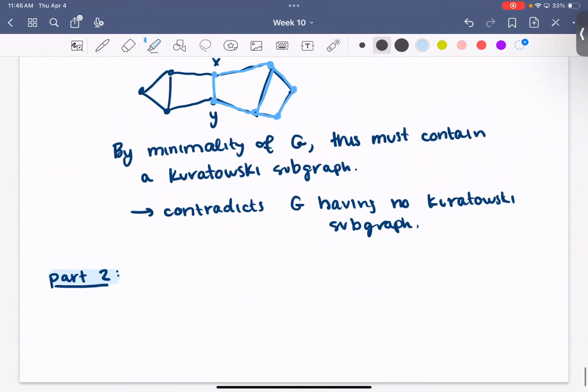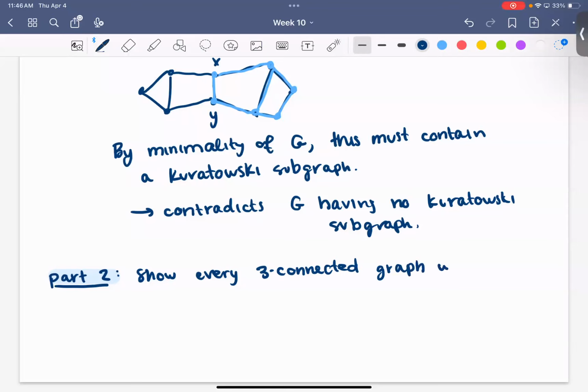So we want to show every 3-connected graph with no Kuratowski subgraph is planar.